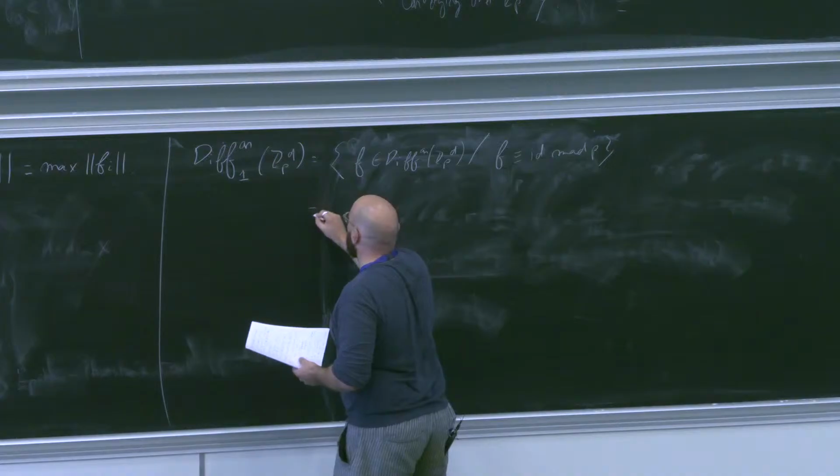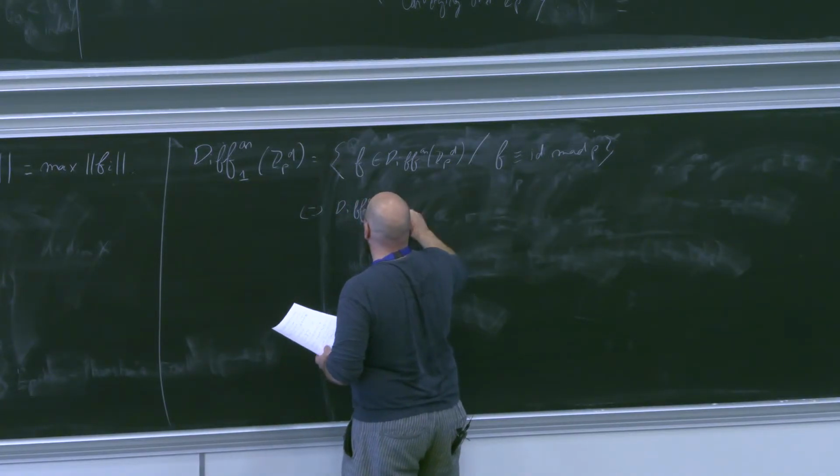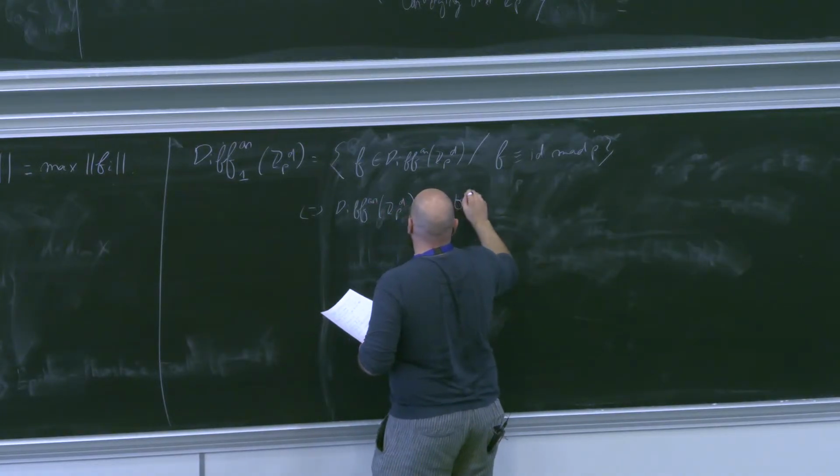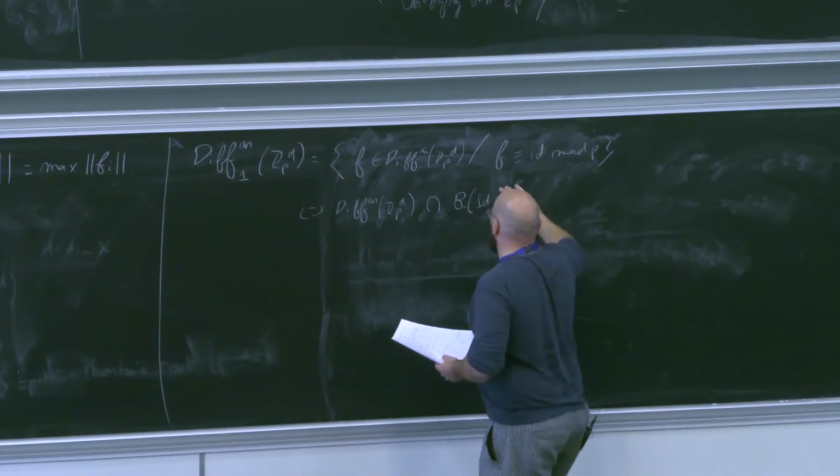Or equivalently, this is the set of diffeomorphisms intersected with the ball of center identity and radius 1 over p.